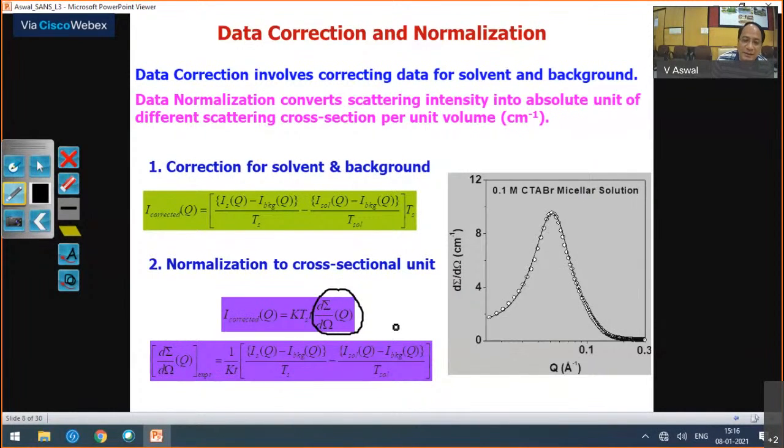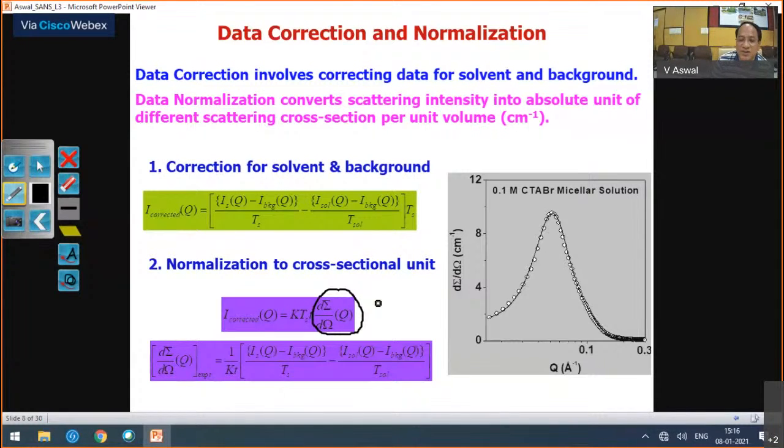It is like the density of a material. The density of a material at a given temperature or conditions should be the same, and if it is not matching, then it will depend on the technique you are using. Similarly, here for a given sample, it should match wherever you measure.